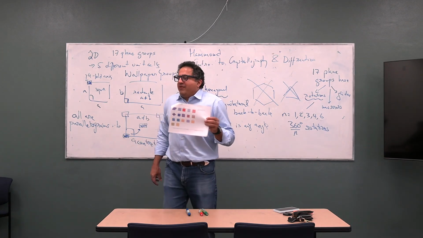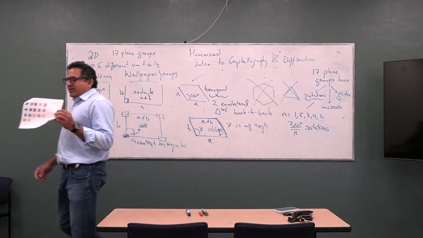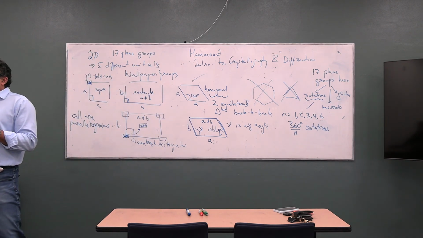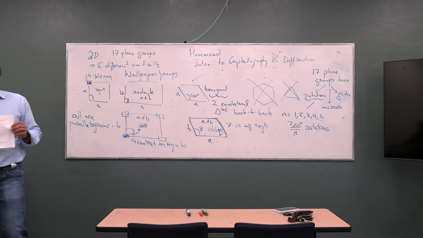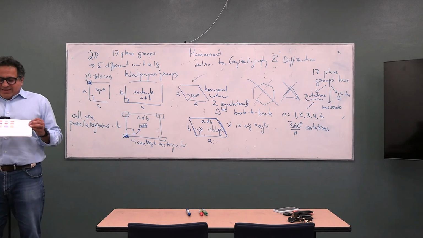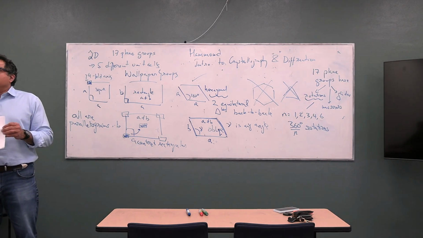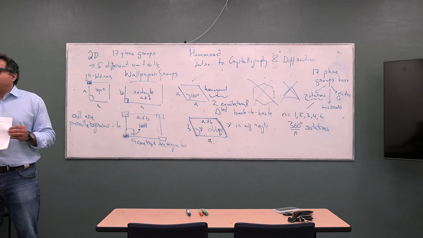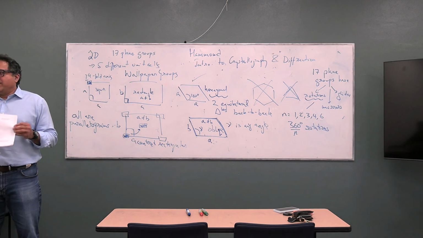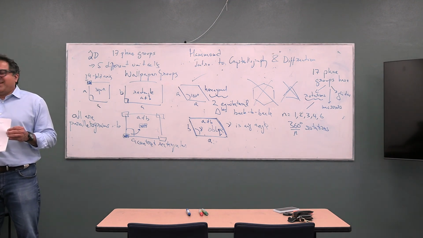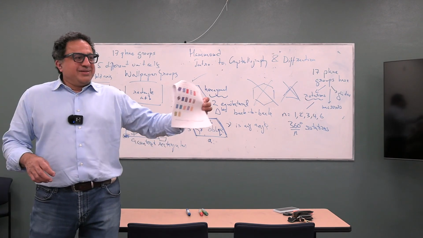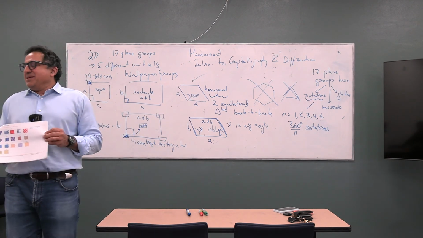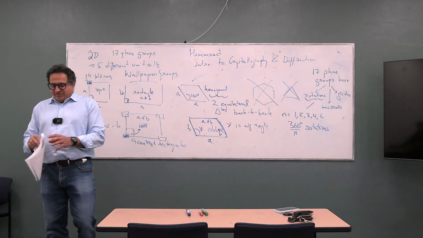Maybe I'll give this as a homework exercise, where you try and figure out where the mirrors are and where the glides are. I can tell you from past experience that if I give these kinds of examples in a midterm exam, it'll give you a headache. So I will not do that to you. I'll give you simpler examples than these, but you can tell symmetry from these.